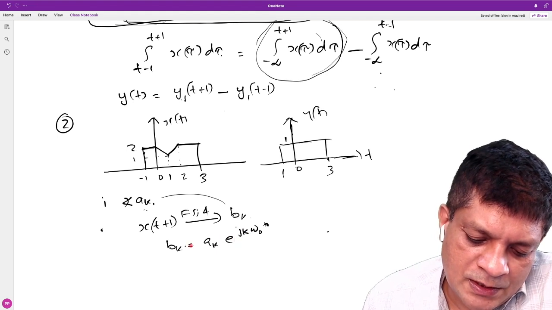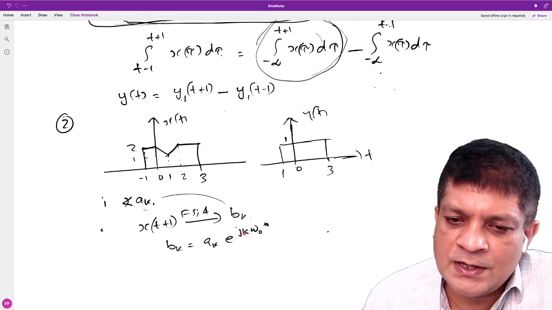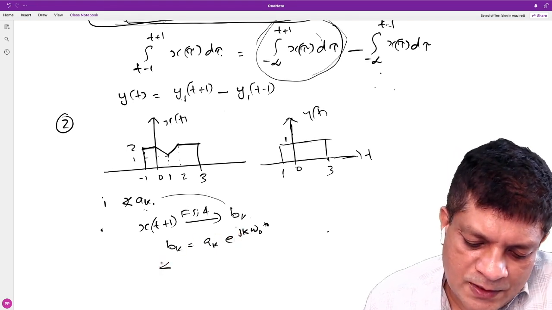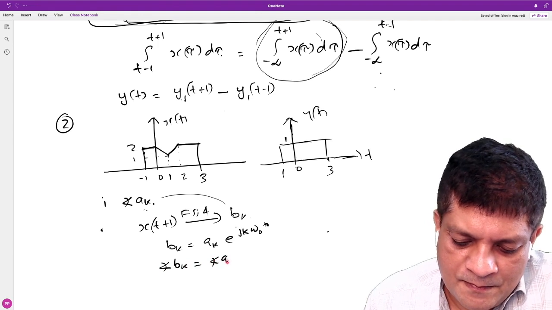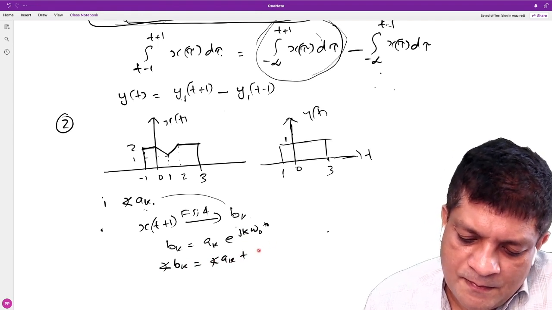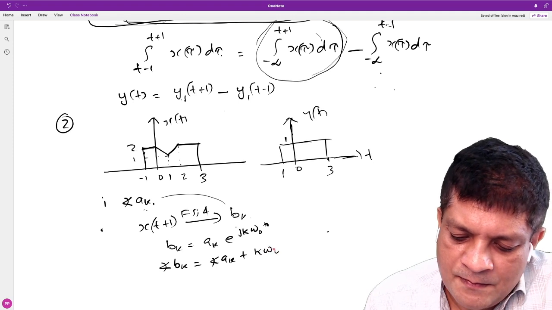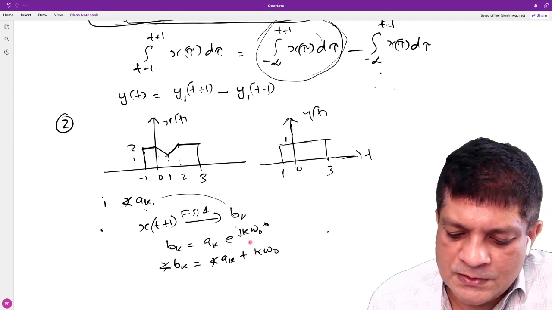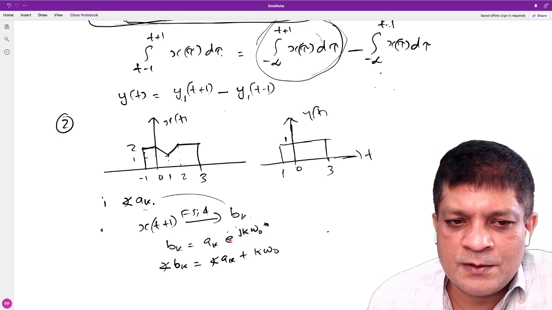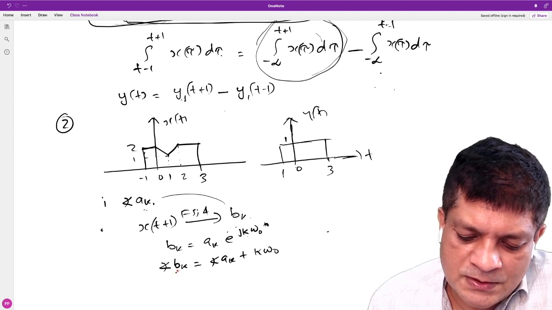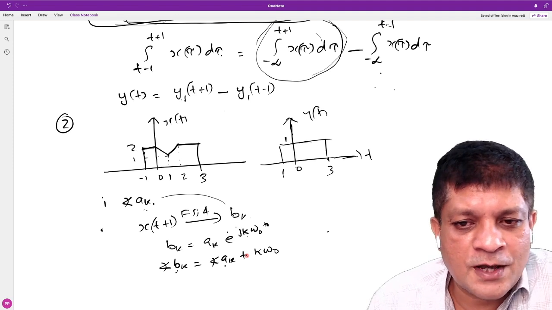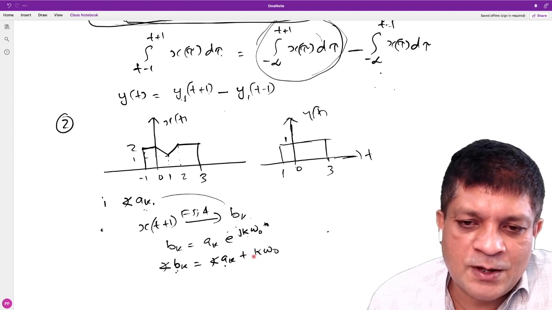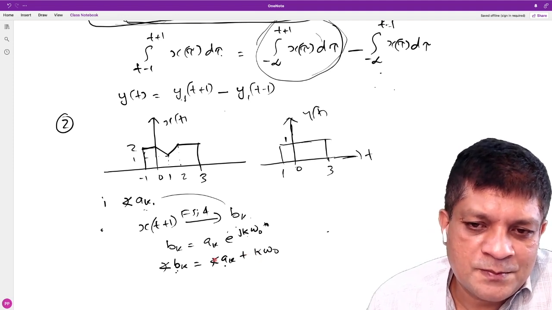Now what is the relation between the phase angles? What is the phase angle of b_k? The phase angle of b_k is the phase angle of a_k plus k omega naught.